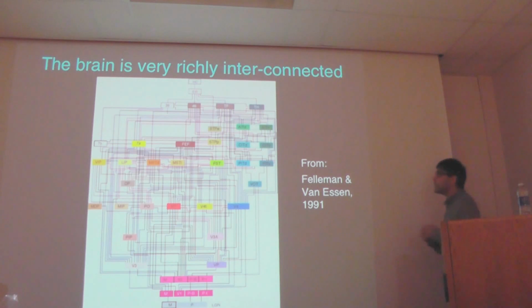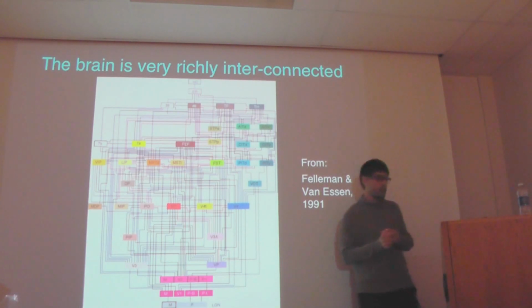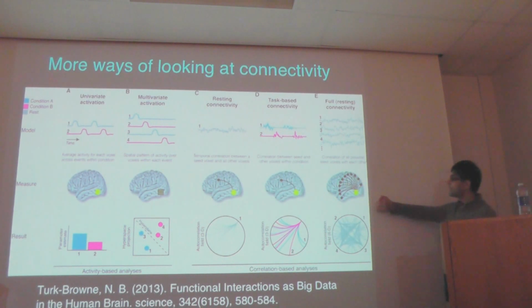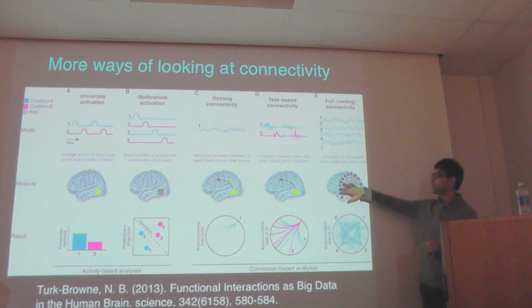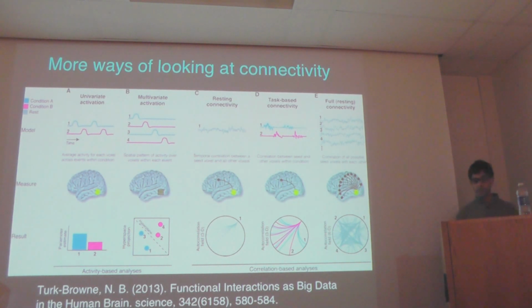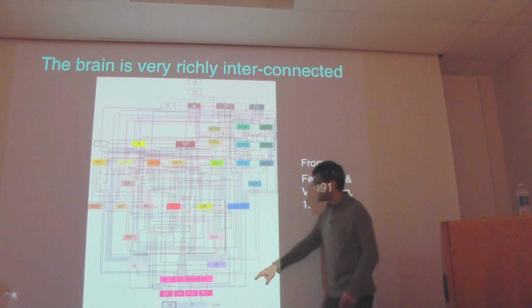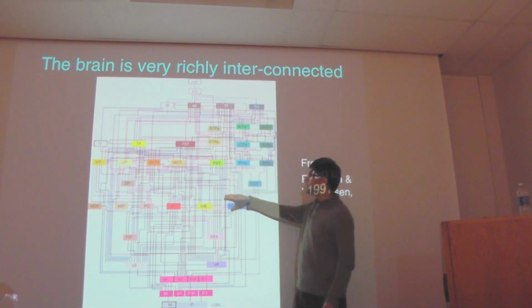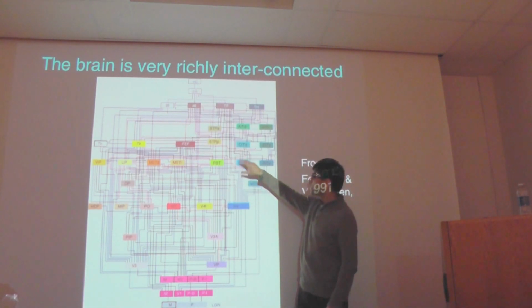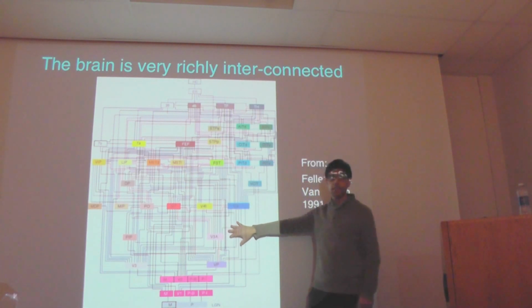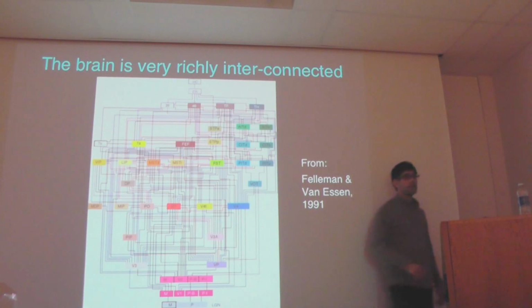The brain is unbelievably richly interconnected. So if someone says, hey, why don't we look at the correlation of every voxel to every other voxel and see what we can find, that's not a ridiculous thing to suggest because, even if it's not happening in a single monosynaptic pathway, if you're willing to cross a couple of intermediate steps, really everything is talking to everything else.